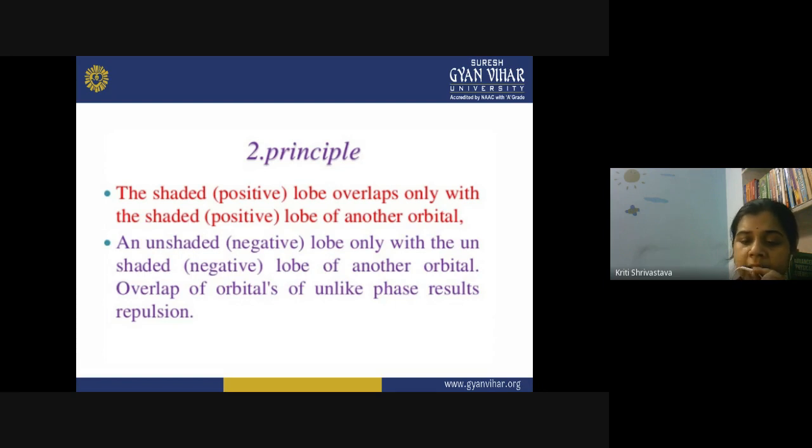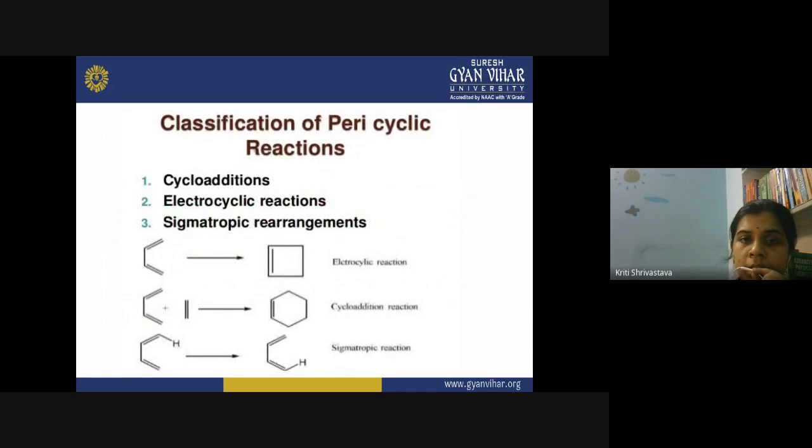Now let us apply these principles to different types of pericyclic reactions. These pericyclic reactions are generally of three types. First is cycloadditions. Second is electrocyclic reactions. Third, sigmatropic rearrangement.